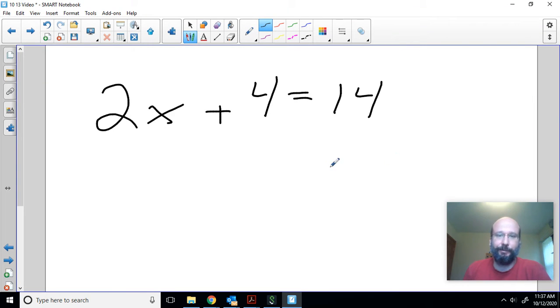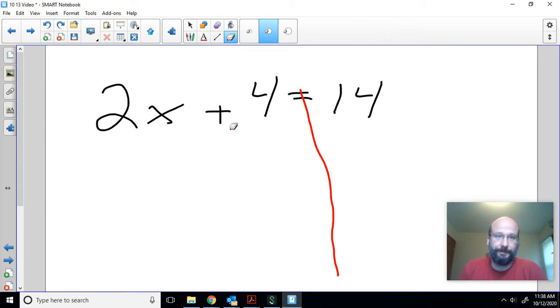In this type of problem, in this Schoology, in this Edpuzzle, I'm going to do this line and then ask, what do we do first? Right? In this case, what step is first?